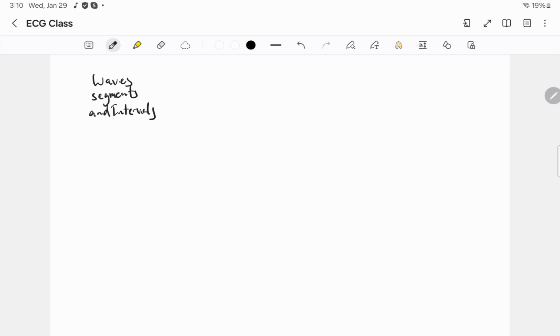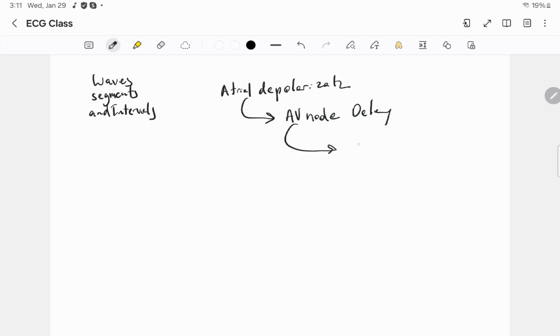Now let's go in sequence. So you have atrial depolarization, AV node delay, ventricular depolarization.